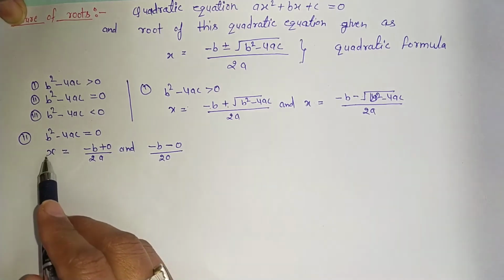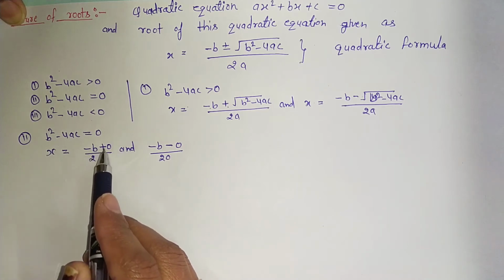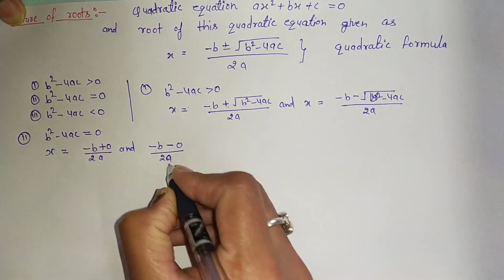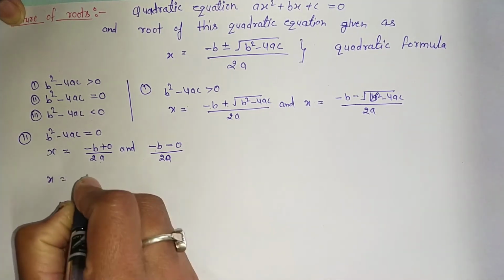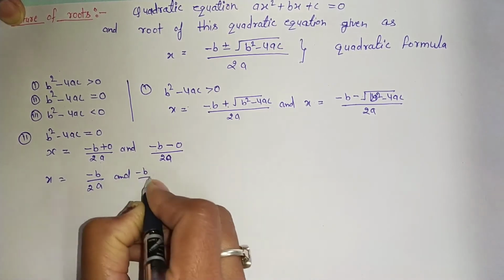Therefore, x equal to minus b upon 2a and minus b upon 2a.